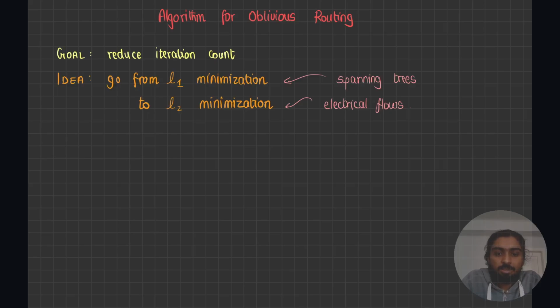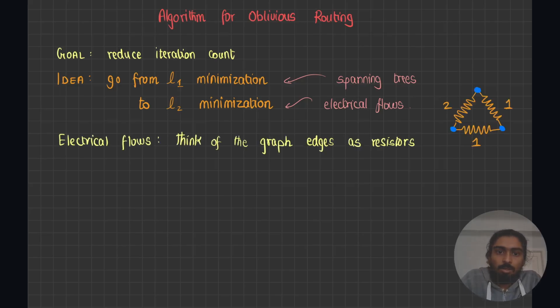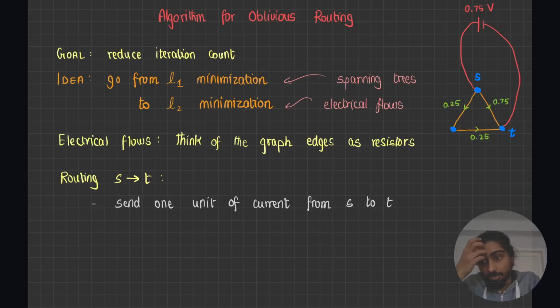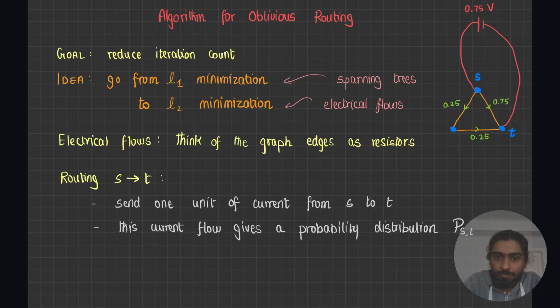The idea is to go from L1 minimization, which is spanning trees, to L2 minimization, which is electrical flows. What are electrical flows? Well, you take your graph, look at each edge as a resistor, and if you want to route from S to T, then you set a voltage between them such that there is 1 unit of current flowing between S and T. And for example, in this example, this would be the way of doing it.